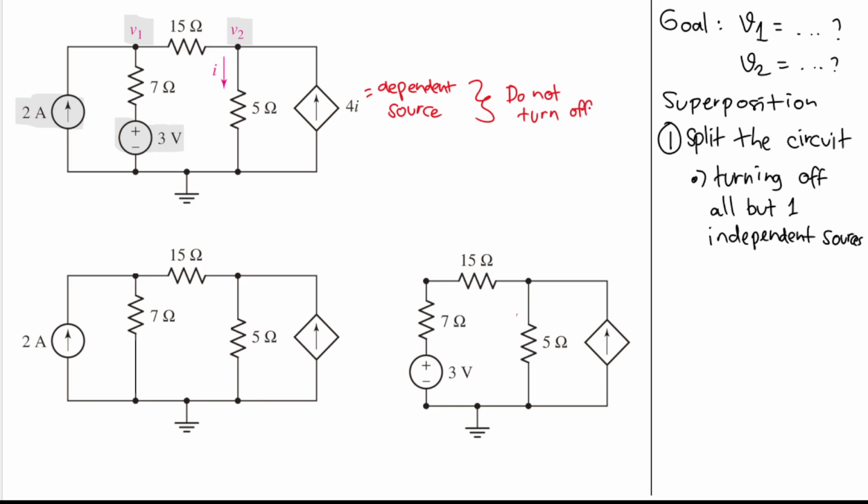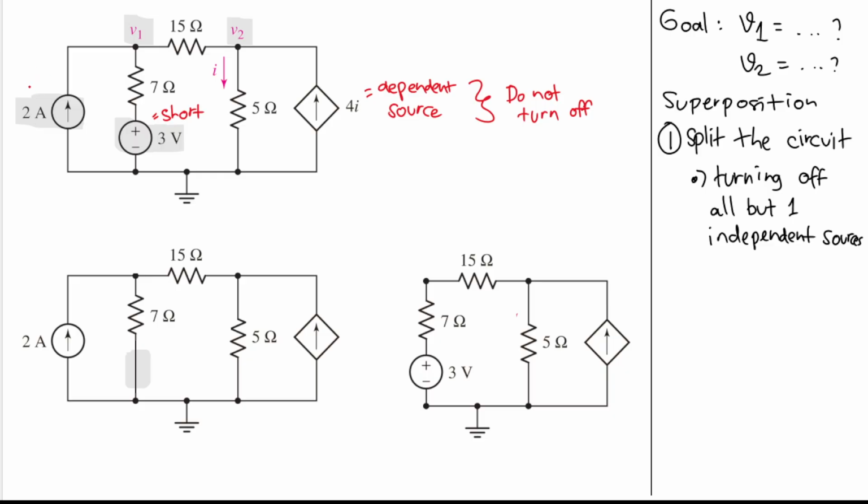Okay, first things first, how to turn off a source. We replace this voltage source by a short circuit. So in our split circuit here, I have this one, where the voltage source is replaced by a short circuit. And for the second circuit, we leave the voltage source on, but we turn off this current source.